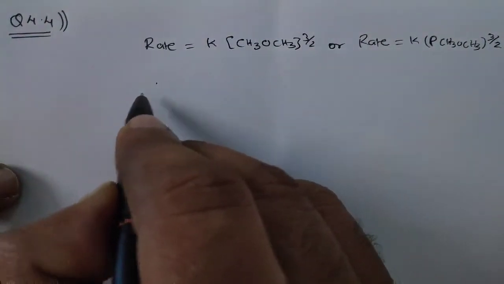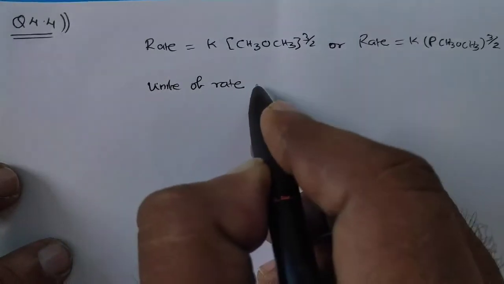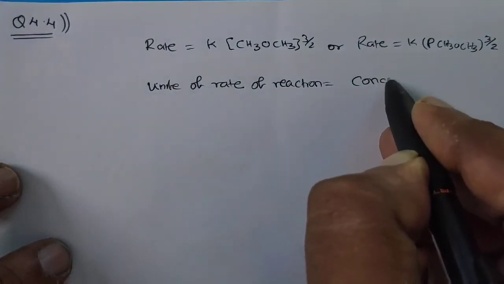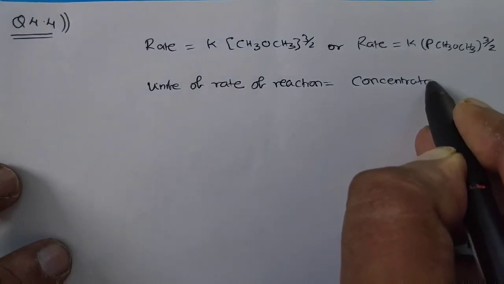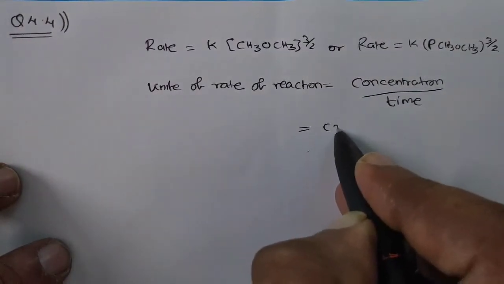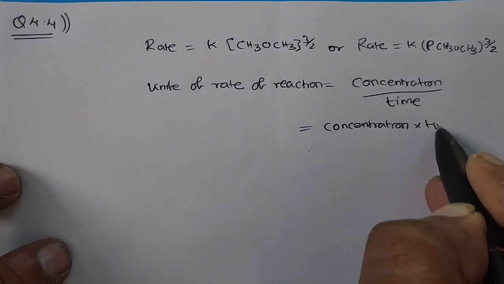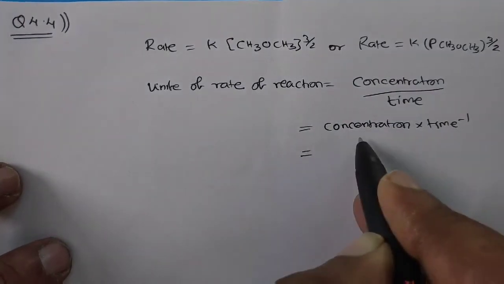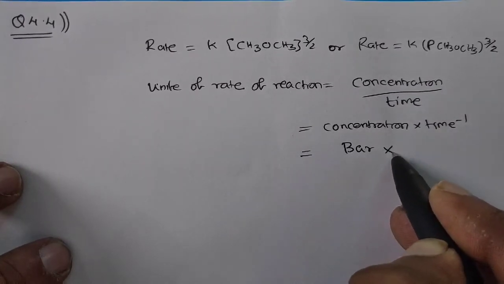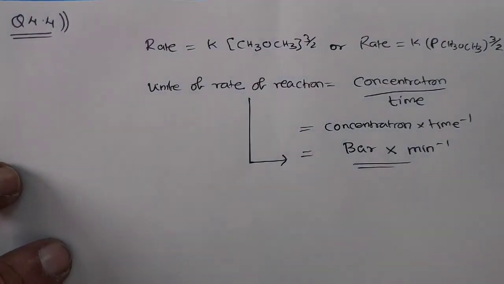Now we know the formula for the unit of rate of reaction. Rate of reaction is change in concentration upon time taken, so I can write concentration into time inverse. Now the concentration is given in bar and time in minutes, so bar minute inverse. So this is the unit of rate of reaction.